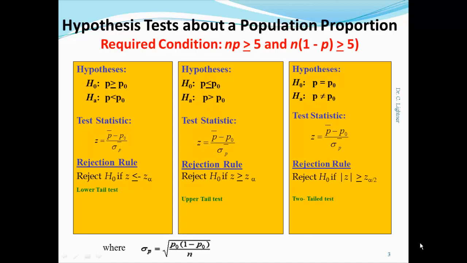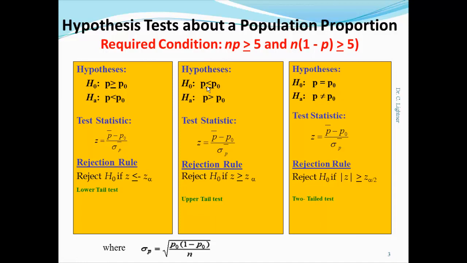Since we are conducting a hypothesis test about a population proportion, this slide contains the test statistic and rejection rule for our problem. This second box contains a null hypothesis that is similar to ours.